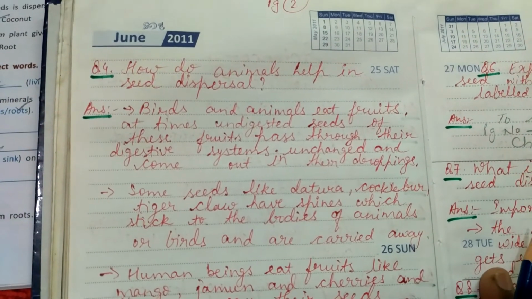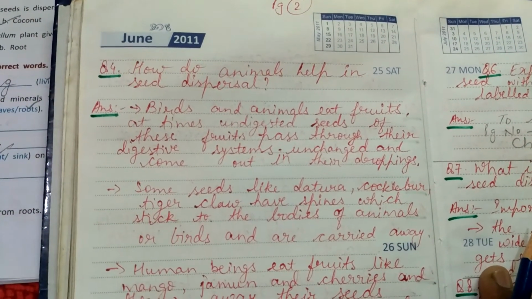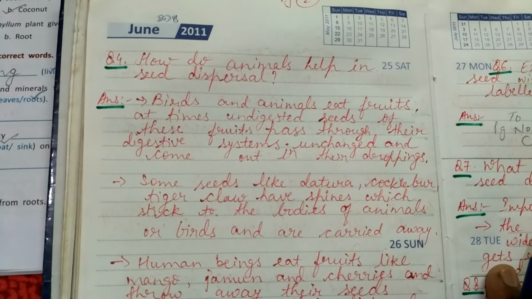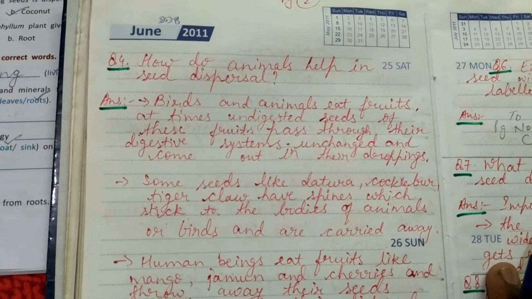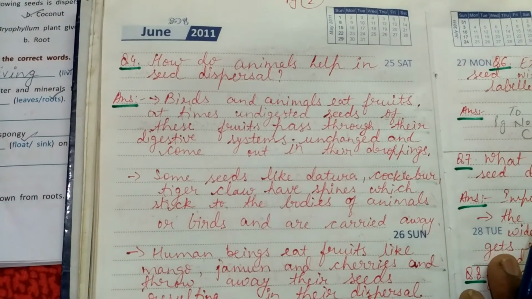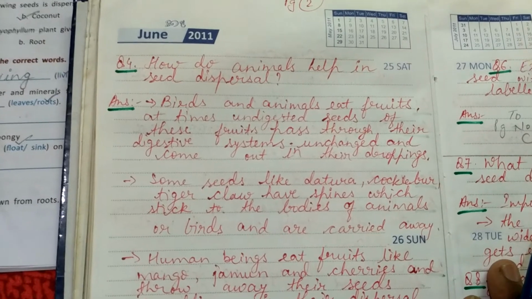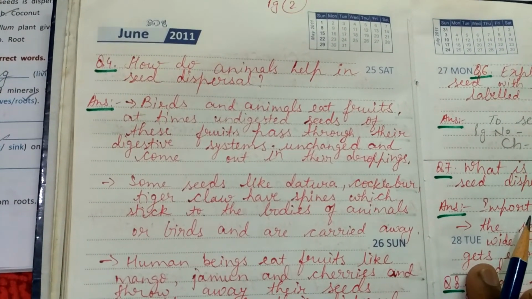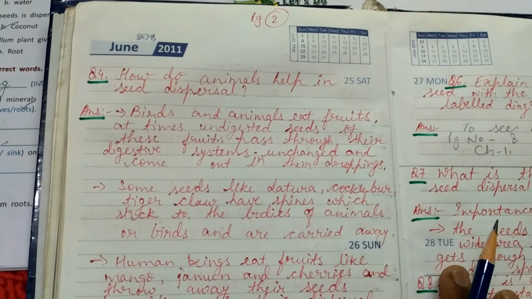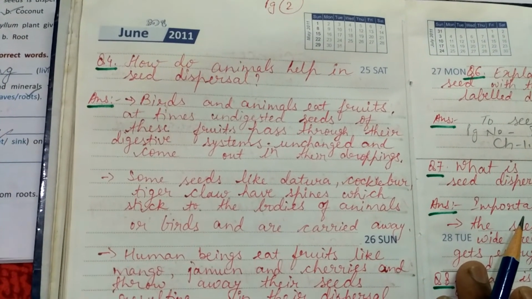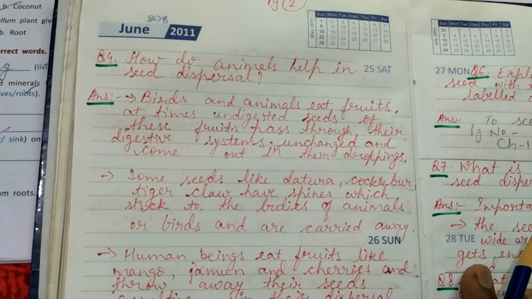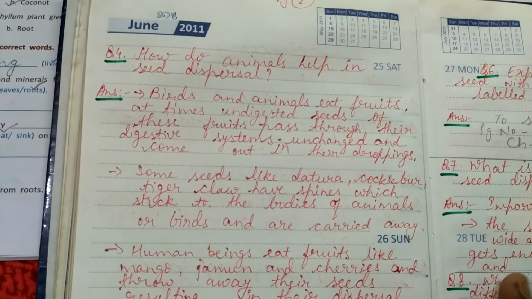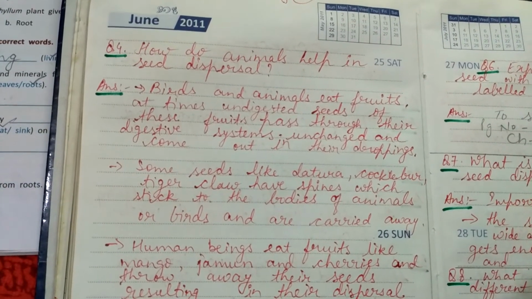It is a very common phenomenon in nature that birds and animals eat fruits, but the seed part is not digested inside their digestive system. The seed passes out of their body undigested, as it is, through their droppings, in their dung.